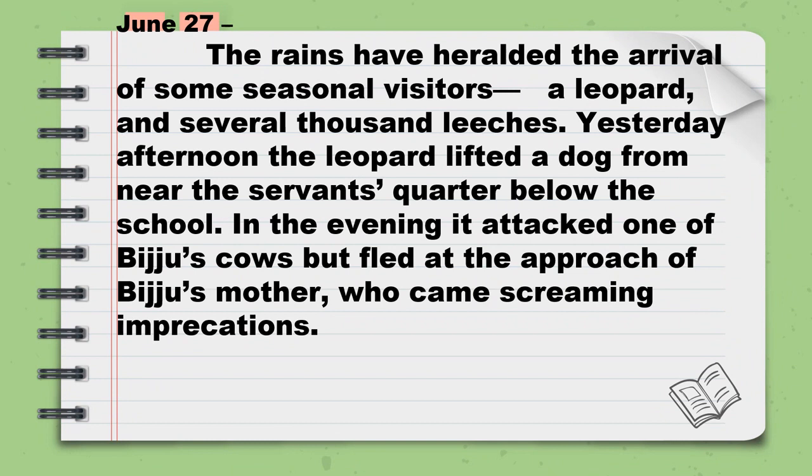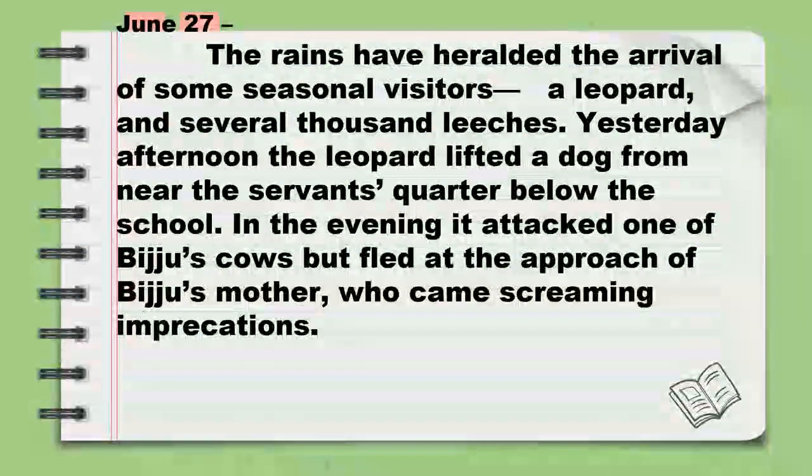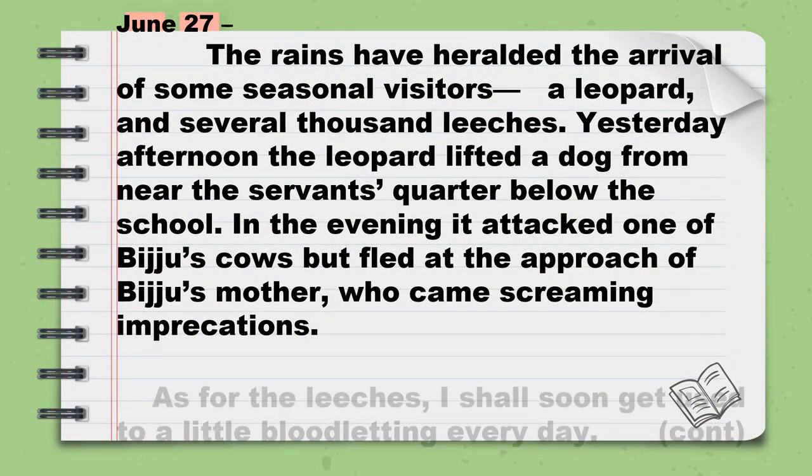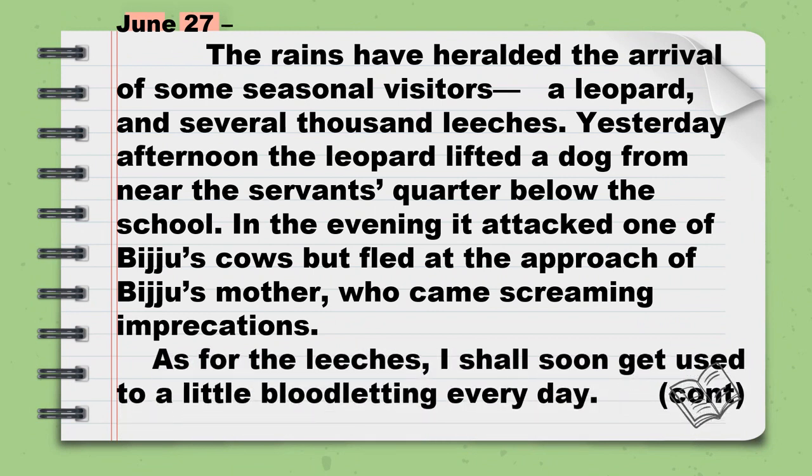In the evening, it attacked one of Biju's cows but fled at the approach of Biju's mother, who came screaming imprecations. As for leeches, I shall soon get used to a little bloodletting every day.